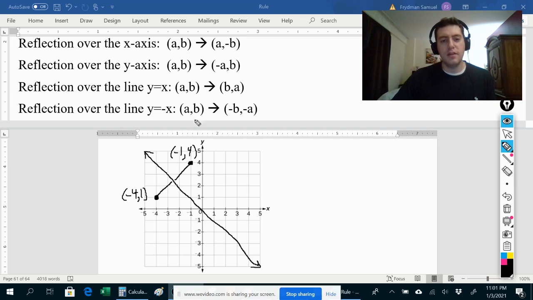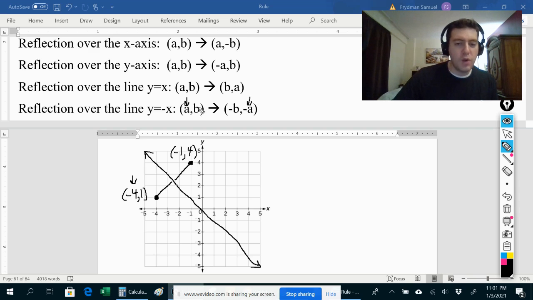Okay, and you can see that the x-coordinate of our original point was -4, and whatever the x-coordinate was in the original point, the opposite of that is going to be the y-coordinate of the image. So the opposite of -4 is +4, and you can see that the y-coordinate of this image point over here is +4.